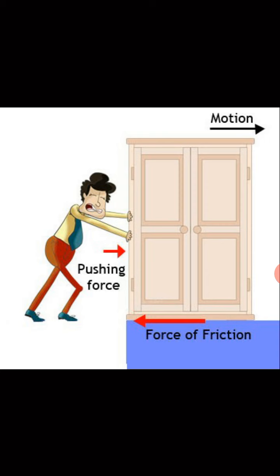With the black arrow on the top, you can see the movement of the cupboard is towards the right. But the force of friction will try to hinder it, oppose it, stop it, reduce the motion in the opposite direction. That is why the force of friction arrow, which you can see down in red, is towards the left. So motion and force of friction are always in opposite directions, as force of friction opposes the motion of an object.